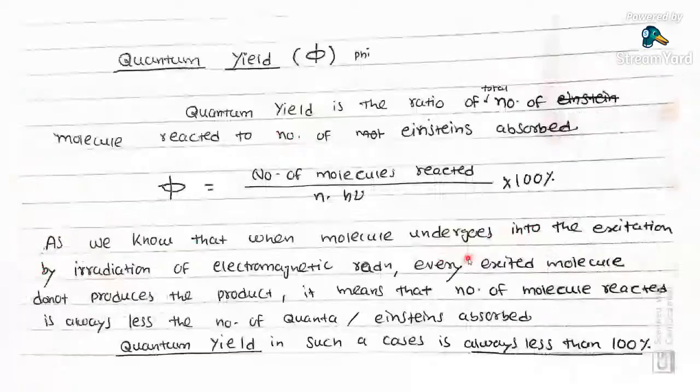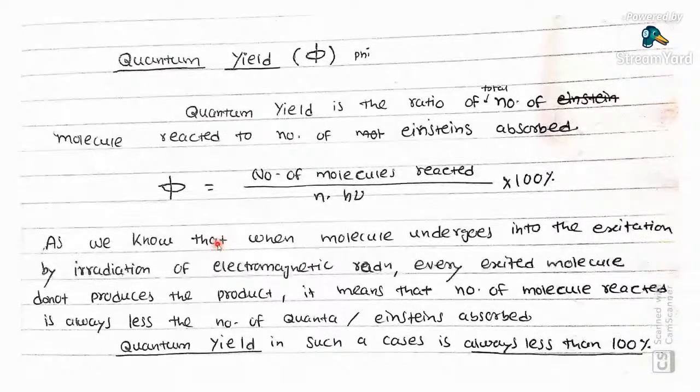Now what is quantum yield? The quantum yield is the ratio of the total number of molecules reacted to the number of Einsteins absorbed. So quantum yield is equal to the number of molecules reacted to n times h nu. As we have seen, when the molecule absorbs some amount of radiation, it is promoted to the higher excited state. In that higher excited state, it has different possibilities.